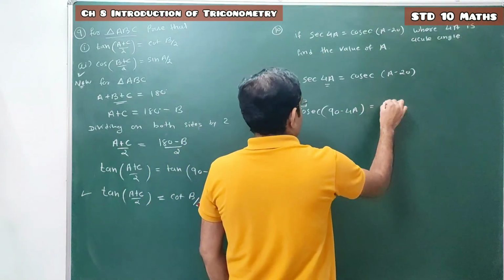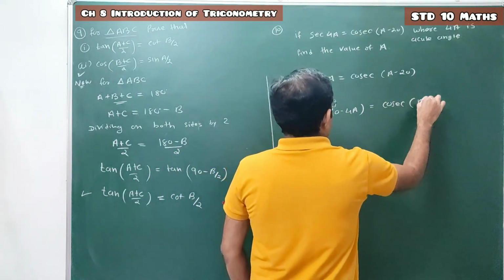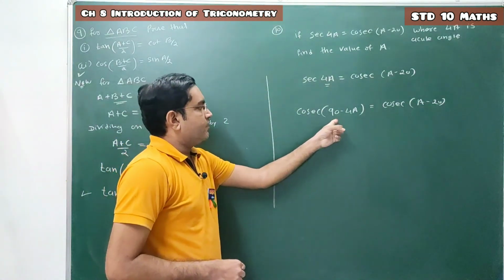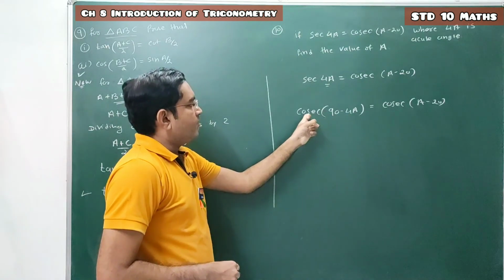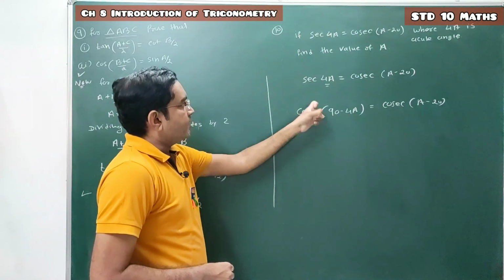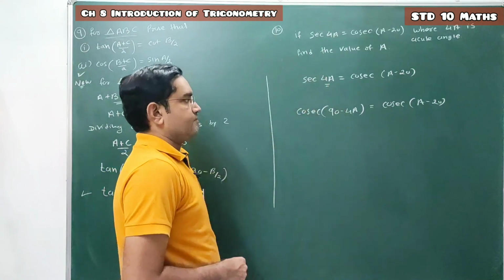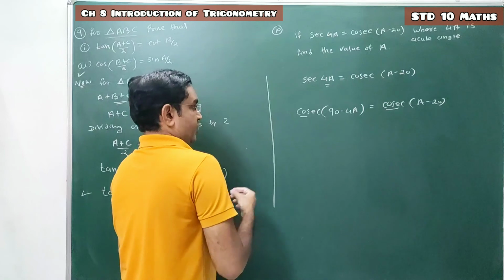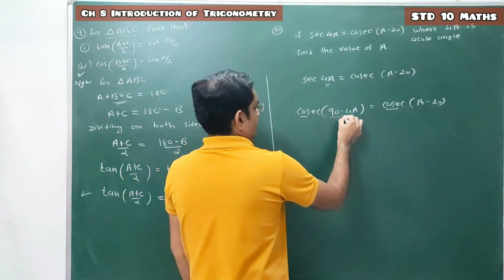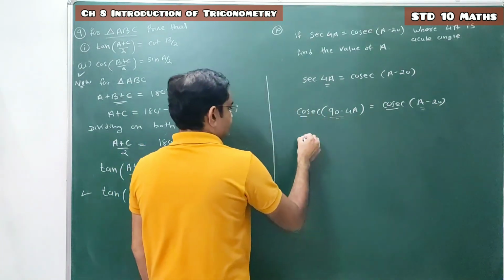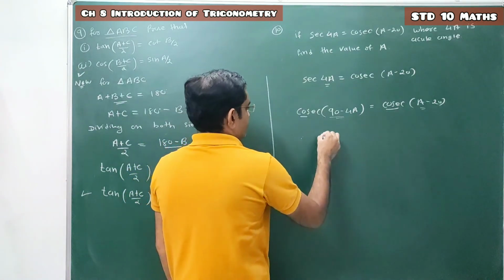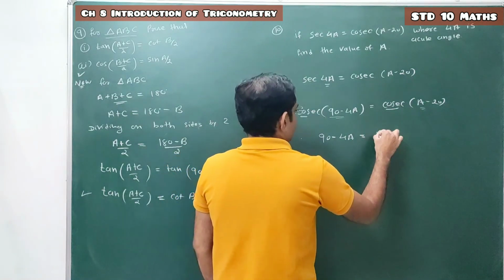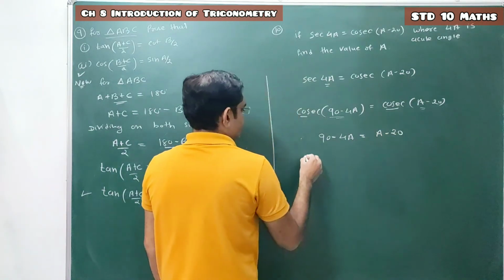Cosec of 90 minus 4A is cosec of A minus 20. Converting it, we get the complement of cosec 4A. These are the trigonometric ratio of cosec on both sides and both are equal, so their angles must be equal. So comparing these angles, we can write 90 minus 4A equal to A minus 20.